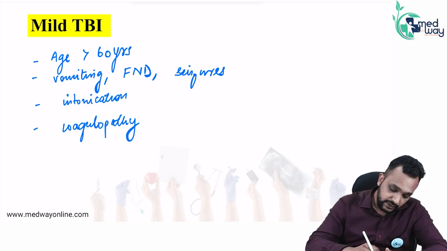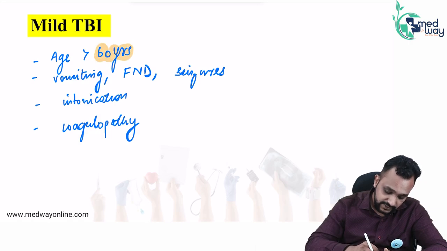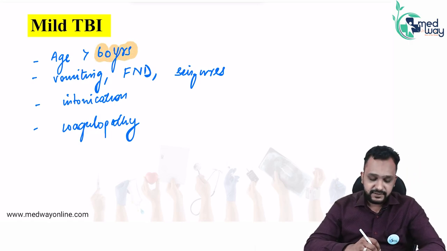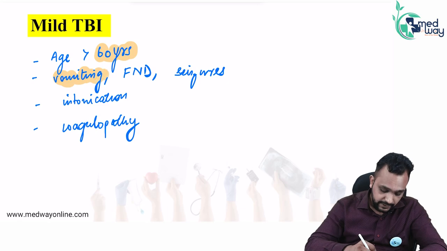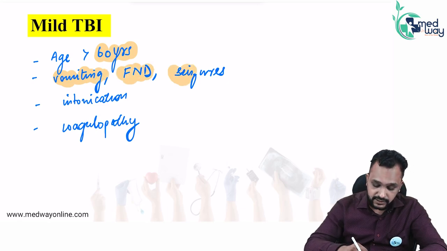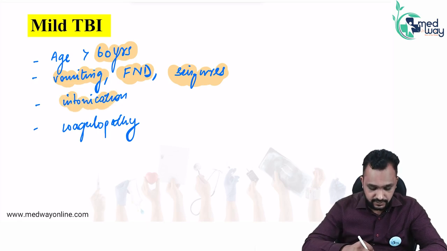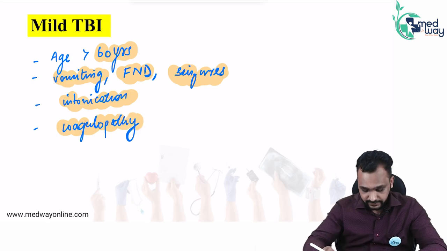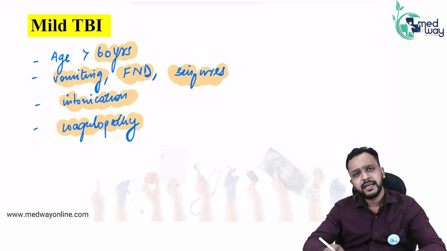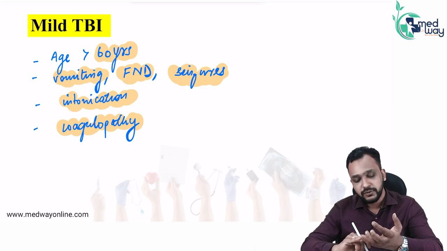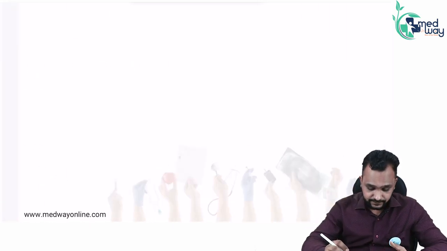These cases include patients with age more than 60 years, patients having complaints of vomiting, focal neurological deficit, post-traumatic seizures, any history of intoxication, any coagulopathy. For these patients, you are going to get a CT scan done.